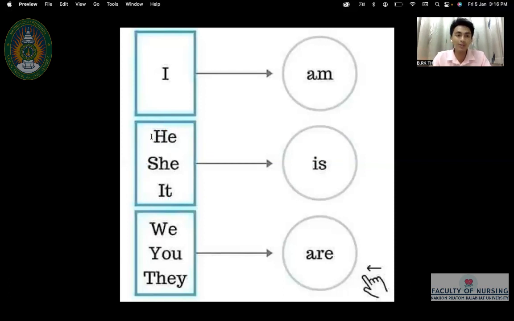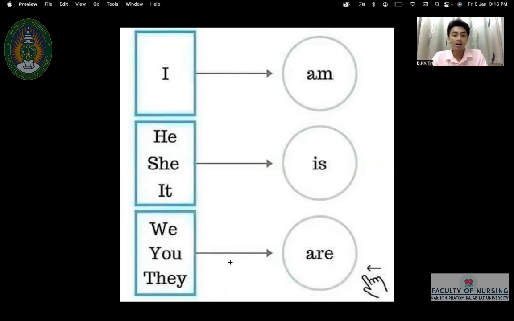Okay? This is first person, this is second person. And lastly, if you want to use the third person, plural, it means a lot of people, you use the verb are. So for example, we are eating, we are studying, we are talking.